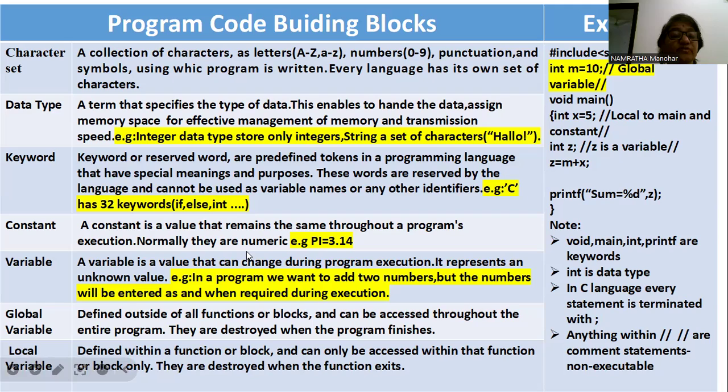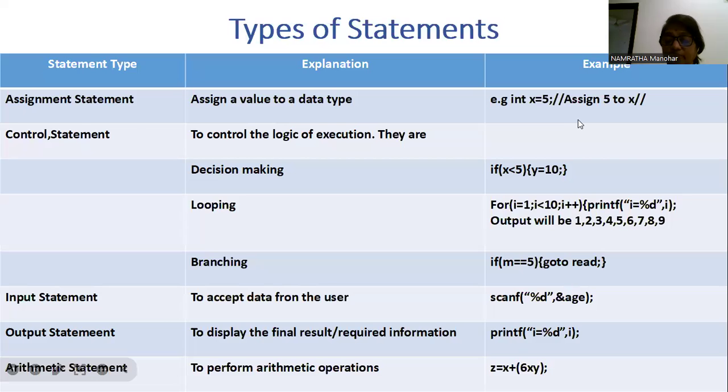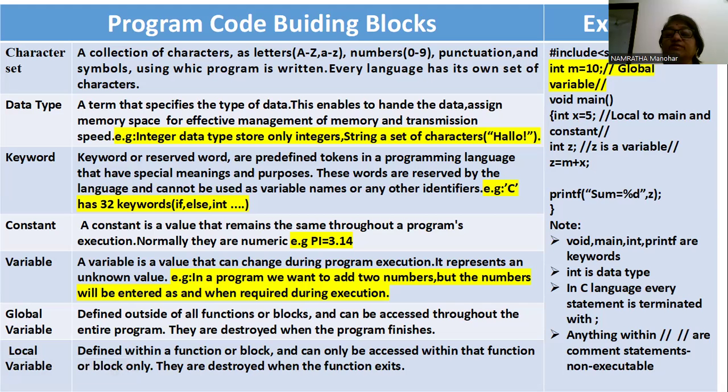Variable. A variable is a value that can change during program execution. It represents an unknown value. Say in a program, you want to add 2 numbers, but the numbers will be entered as and when required during execution. So you keep it as a variable. So here we have declared 2 constants. One is a global variable. You can see this is a global variable.